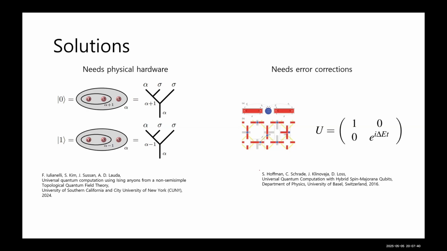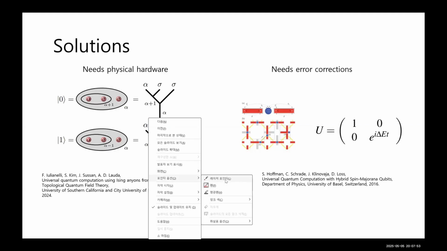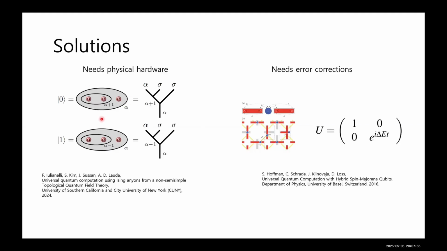So that means trying to use some continuous gate. The first one needs more research because there is no evidence if there is some potential hardware that can make this alpha particle. And the second one needs error correction because we lose some potential from the topological quantum computer. We cannot protect the system from the environment.